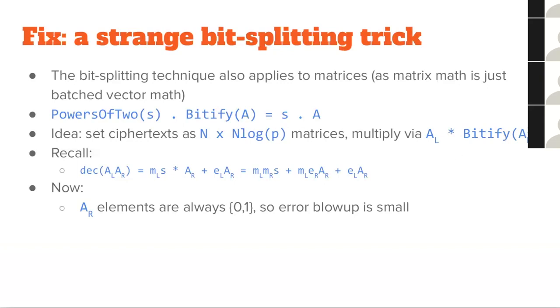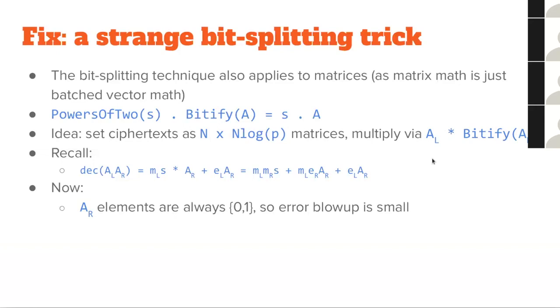So if you multiply bitify AL with bitify AR, powers of 2 of S is also an eigenvector. And then if you squash it back, you get a ciphertext that's still of the same form.